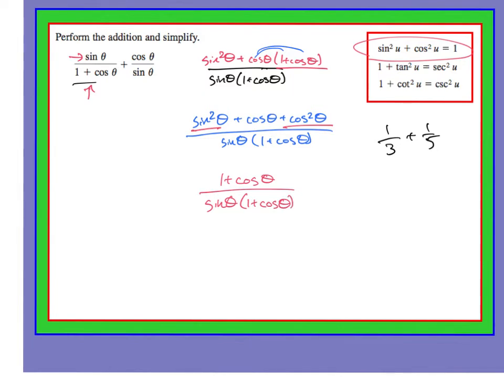The 1 plus cosine thetas cancel, so that's really cool. What's left up top? A 1. So I have 1 over sine theta, which is cosecant theta. So we simplified this whole thing into cosecant theta.